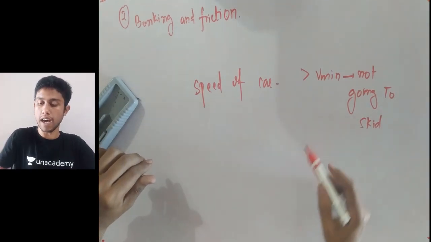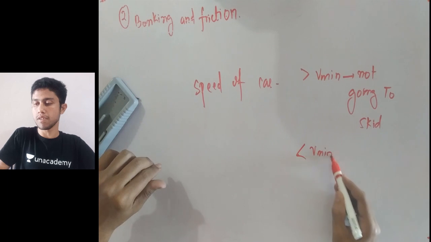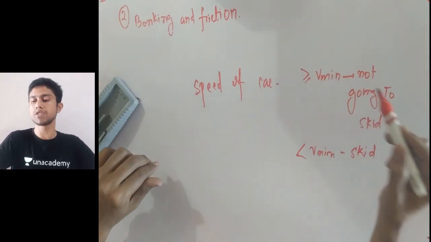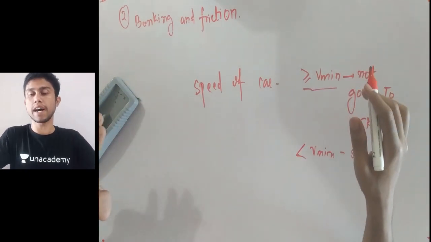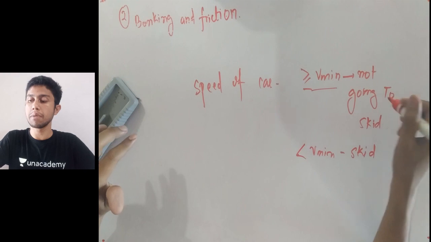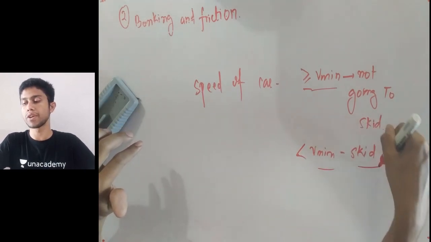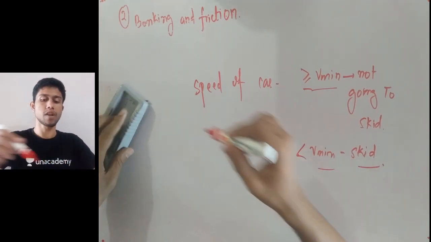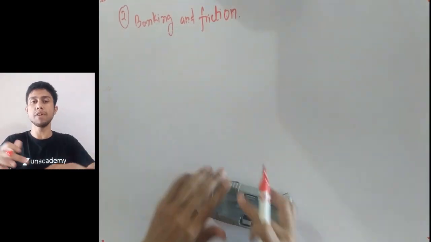But if the speed of the car is less than v minimum, the car is going to skid. So you can take the equals-to condition over here. Whenever the speed of the car is greater than or equal to v minimum, it is not going to skid. But when it goes below v minimum, it is going to skid. So in this way we have understood what v minimum is. Now we'll go to the next part, that is the v maximum.